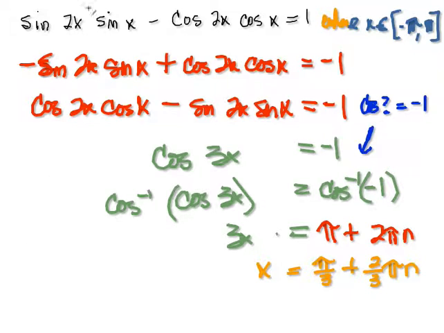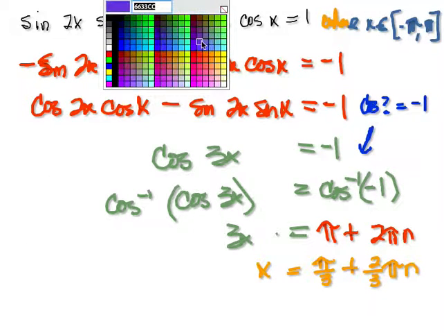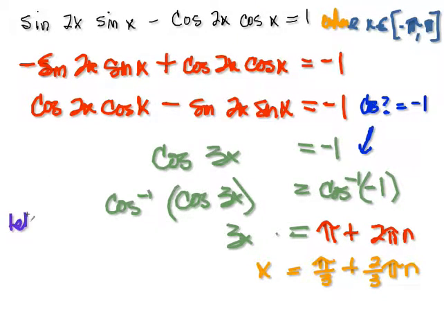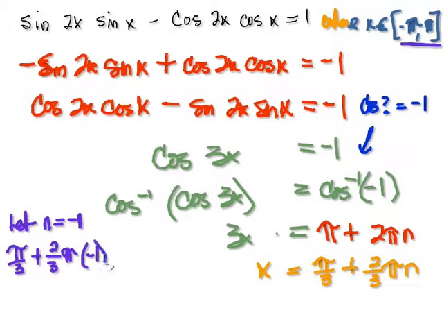Well, let's think about this. Let's let n equal -1. Why? I don't know, because I want to pick in this range somewhere, and there's a negative pi there. So then I'm going to get pi thirds plus 2/3 pi times -1.